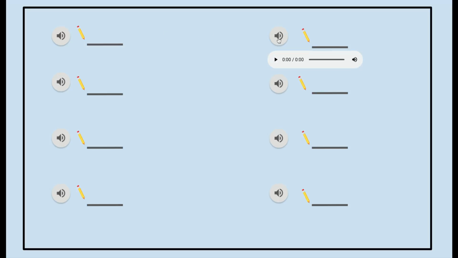Number 2, Qu. Number 3, Sl. Number 4, Wa.